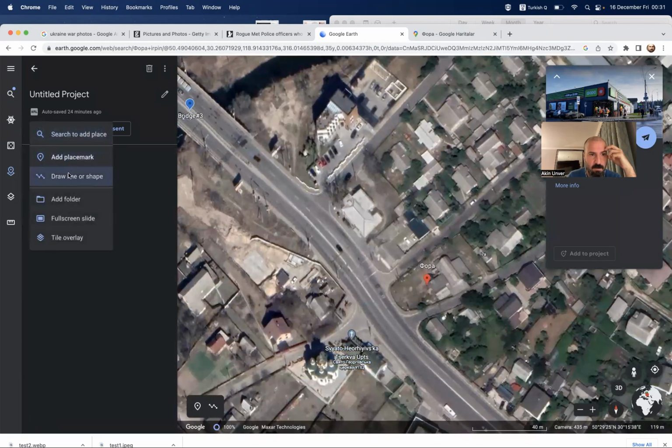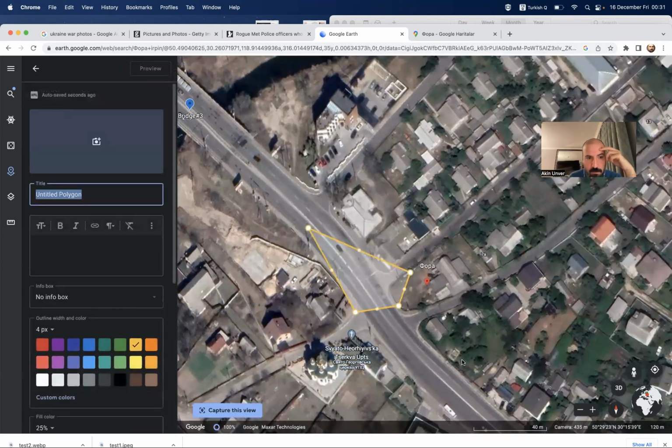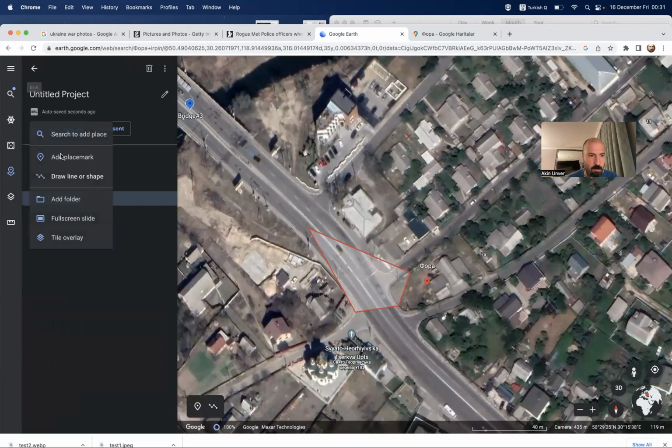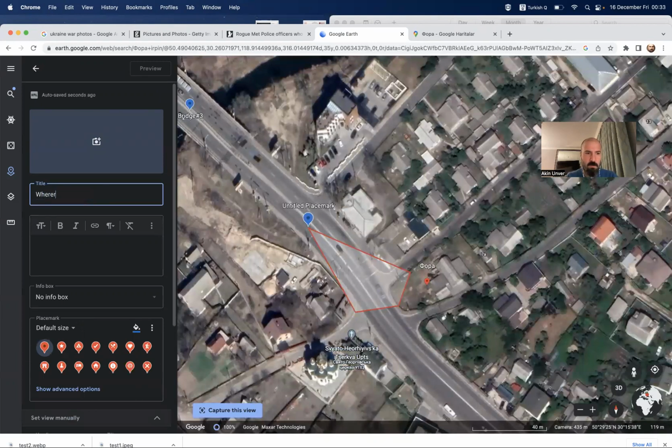So roughly, they are looking from this angle. And this is the point, roughly, where the photo was taken.